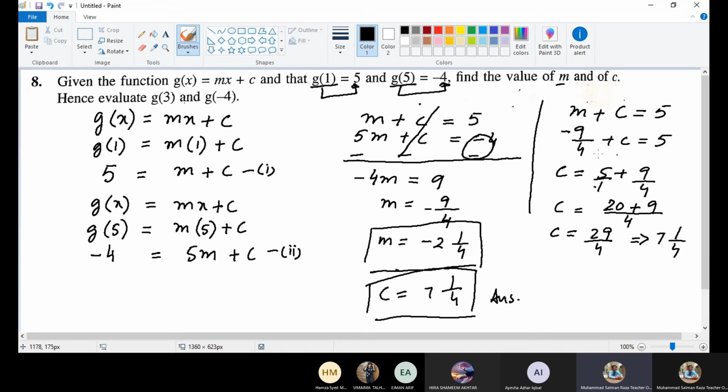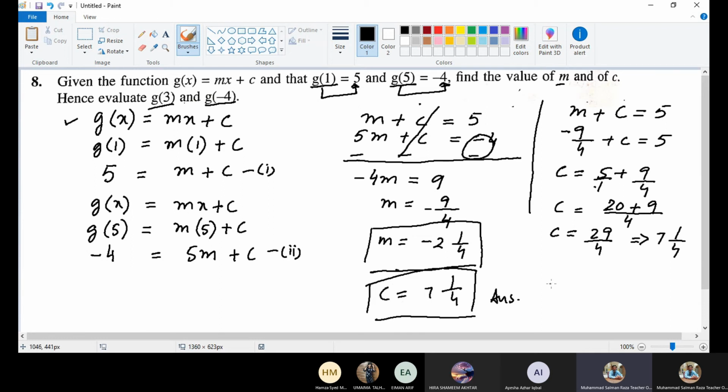Now, the next part says I have to find out the value of g of 3 and g of minus 4 as well. They are two separate questions. I know that the function g of x is mx plus c, and I've got the values of c and m both.